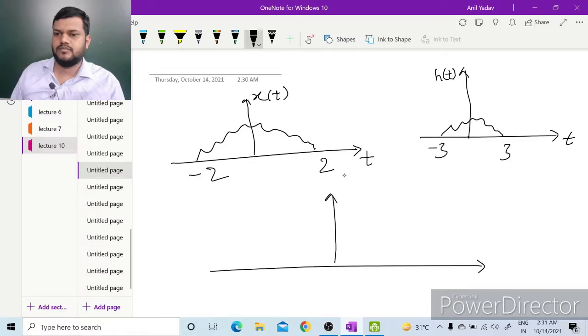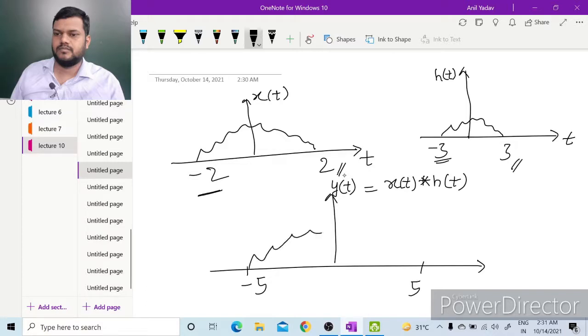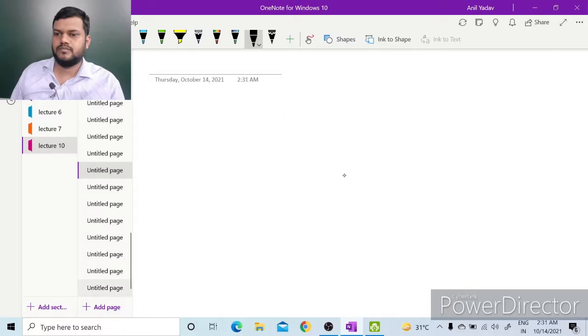Yt is xt convolved with ht. So the duration of yt will be the starting of xt plus the starting of ht, so it will start at -5, and the ending of yt will be the end of xt plus the end of ht, so it will end at 5, and in between there will be some yt. So this is also an important result which we can use in solving our problems.